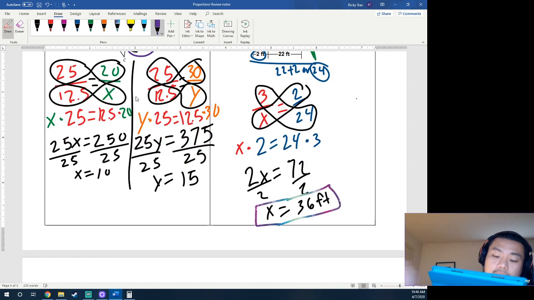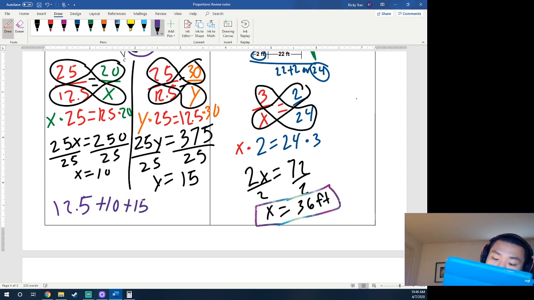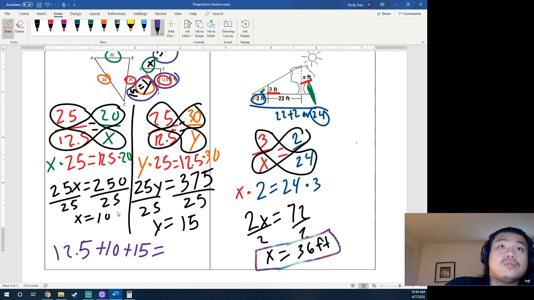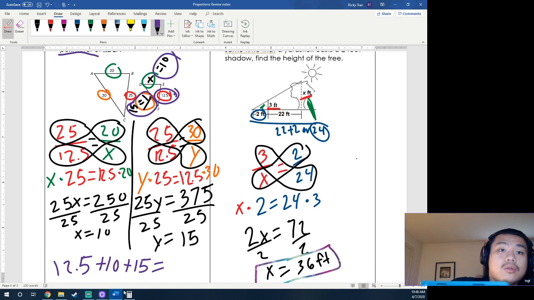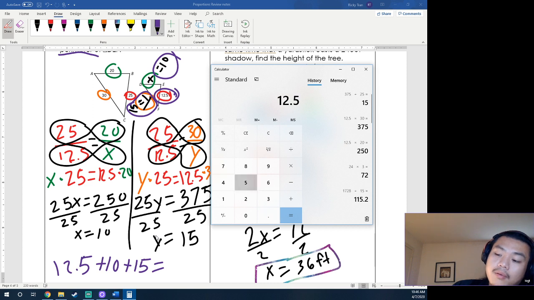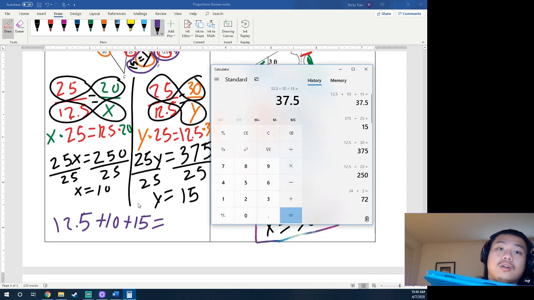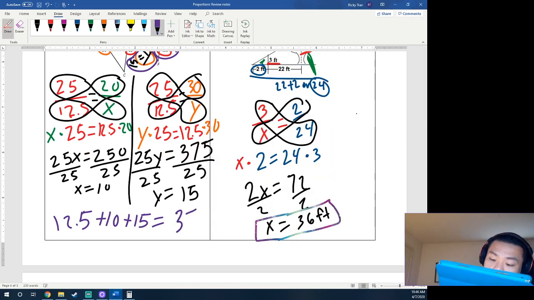So I'm just going to put it down here. We have 12.5 plus 10 plus 15, or 37.5.